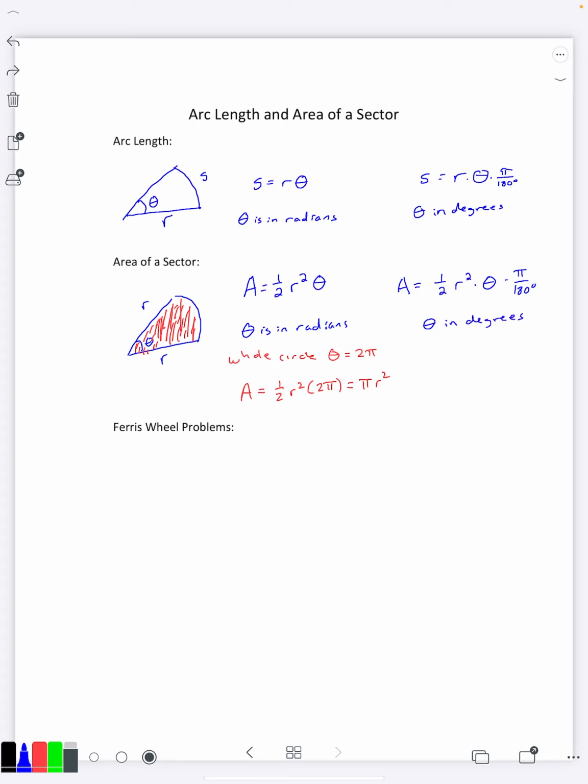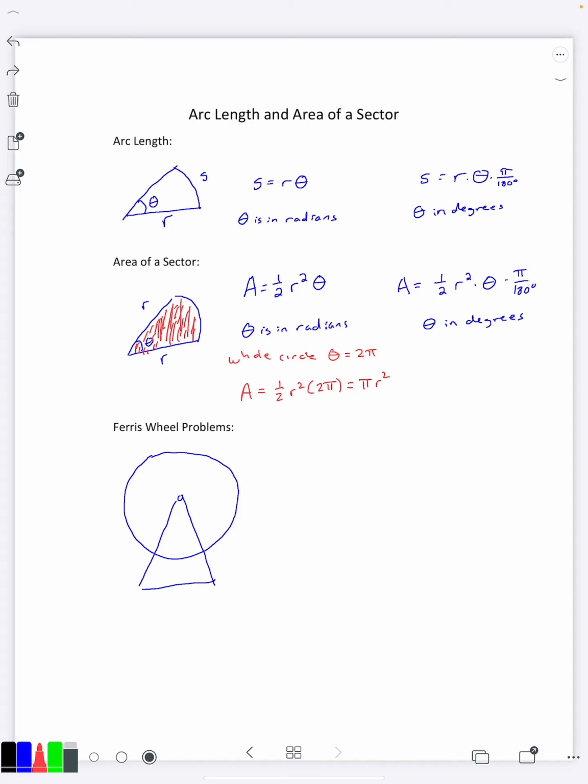So we have arc length problems, we have area of a sector problems, and then we're going to have applied problems based on these. And one example of that is a Ferris wheel problem. So let me try to draw a Ferris wheel on here. It's not going to be a great picture, but we'll do what we can. And I'm going to go ahead and give you some numbers here.